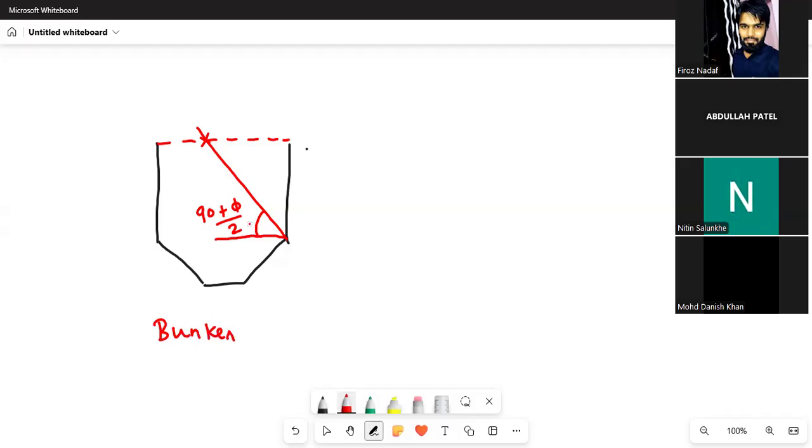You have to take this angle and draw a straight line from the edge of the bunker. If that line touches the horizontal surface, then that type of bin is called a bunker. Same thing you have to draw like this. This is the silo. Silos are the large bins, larger than the bunker. Same thing you need to do: draw the line from the edge of the bin.